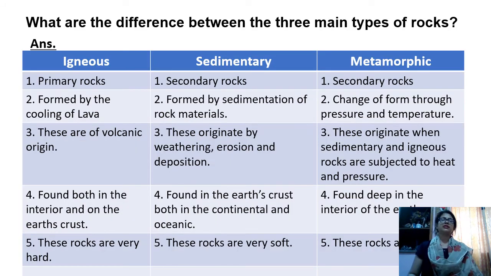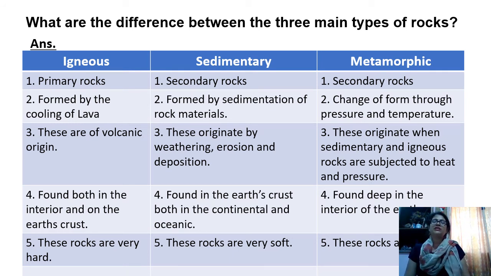And what are the differences between the three main types of rocks? Igneous rock is a primary rock and the other two are secondary rocks. Igneous rocks are formed by cooling of lava, sedimentary rocks by sedimentation, and metamorphic rocks by change of form through pressure and temperature. Igneous rocks are of volcanic origin, whereas sedimentary rocks originate by weathering, erosion and deposition.